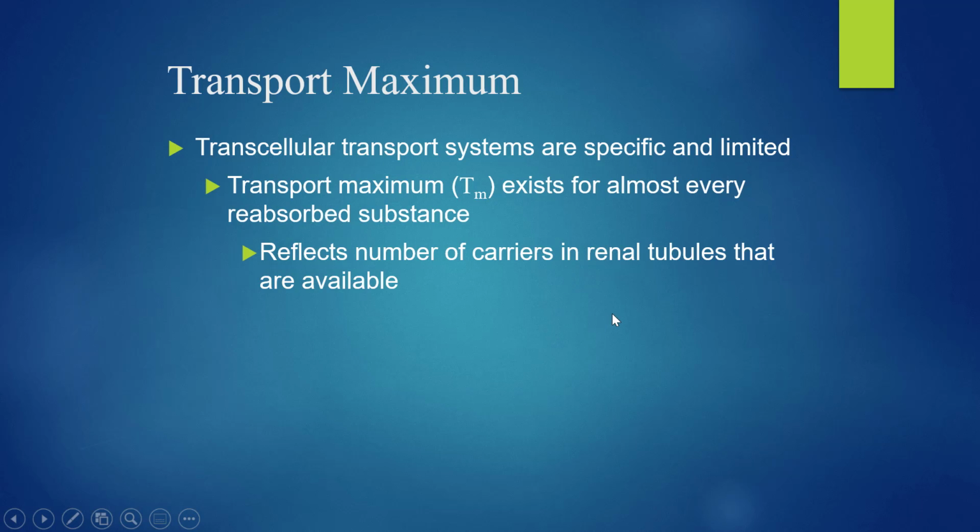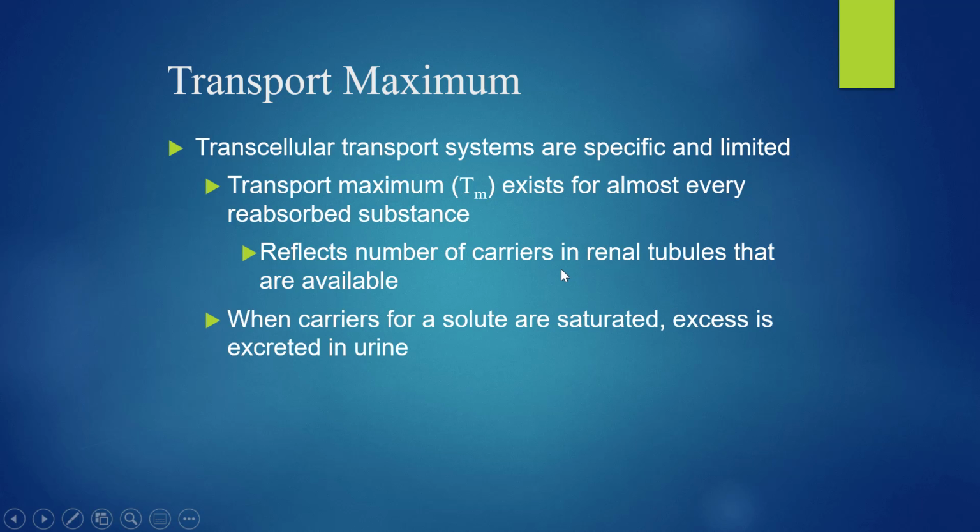For instance, in the reabsorption process, there's a number of carriers in the renal tubules that is available to transport a certain substance. And so if the substance would be too many, and there's only an X amount of carriers, then the rest of the substance will be left out and will not be transported.